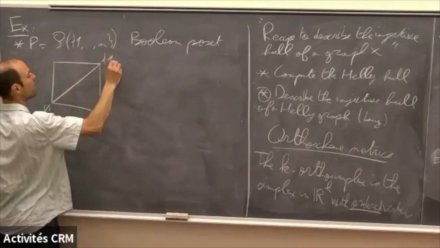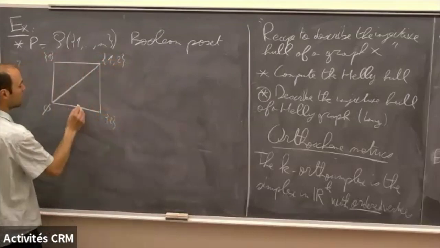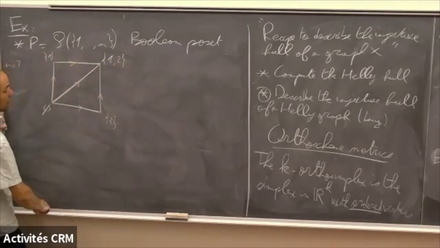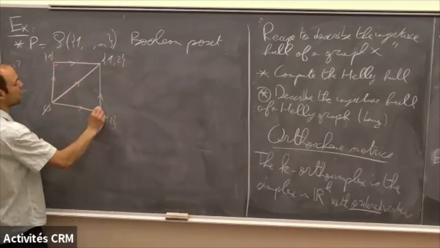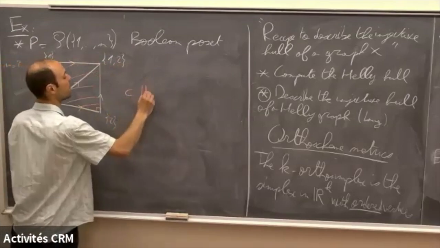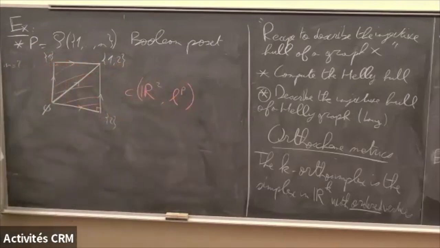Here you have 1, 2. Here you have 1. Here you have 2. And here are the order relations. And the orthoscheme metric is just putting right angles and putting this filled square inside R2 with the Euclidean metric. So the Boolean poset gives you the n-cube with the natural metric.